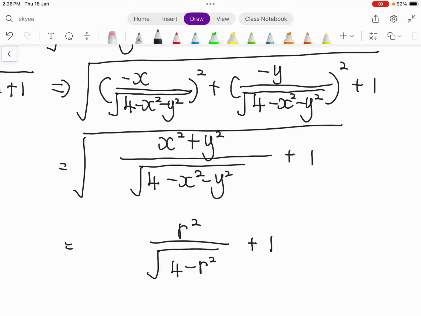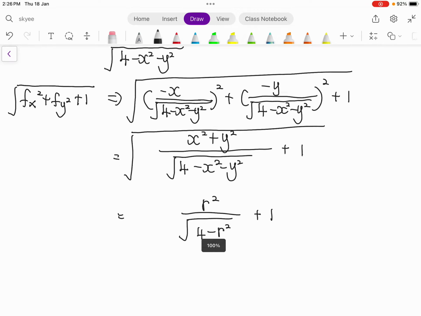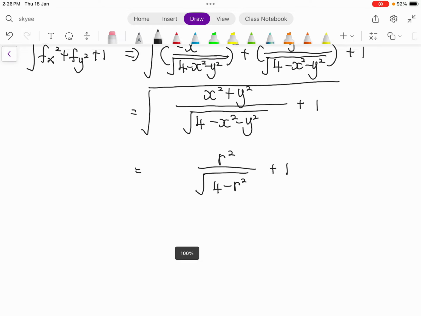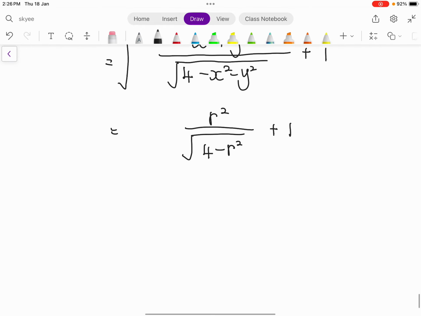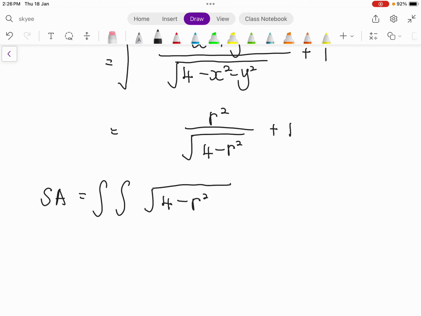Now we can put this inside our surface integral. Our surface area will be a double integral. You have a z here, so the z you have to replace with this. I convert it straight away, so multiply with this one, r squared over 4 minus r squared plus 1, with a big square root.